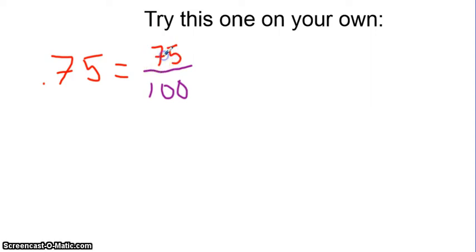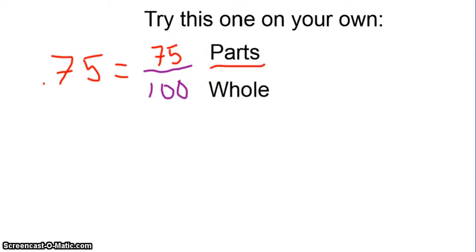We have 75 parts out of the whole. So our denominator is our whole, and our numerator is our parts. So if we look at parts over a whole, that'll give us our percent.